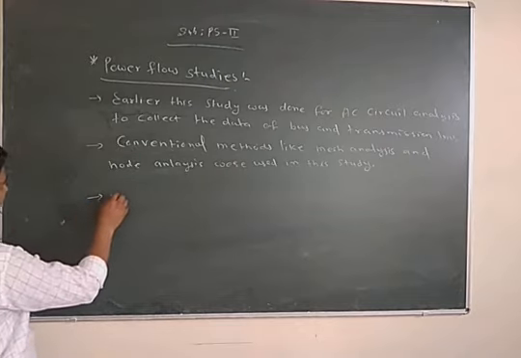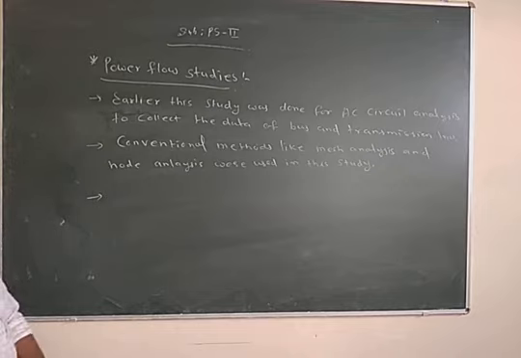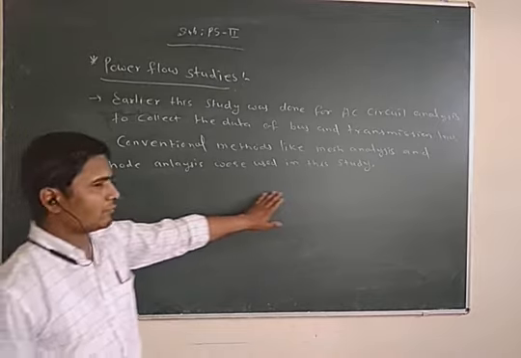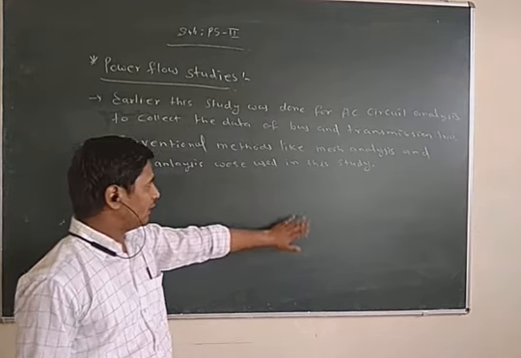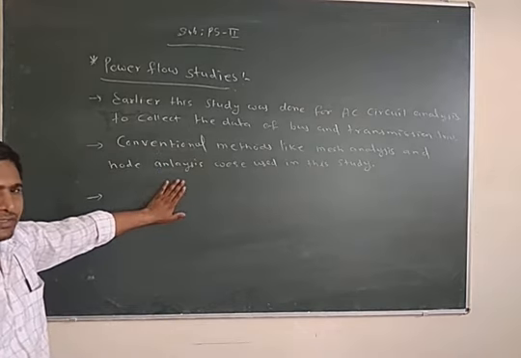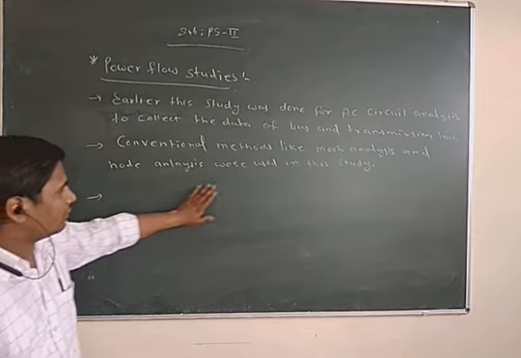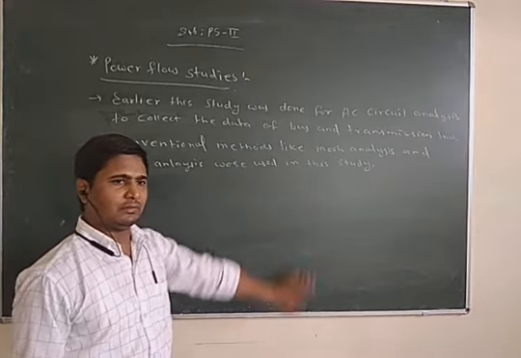Basically, mesh analysis is used where the number of meshes or closed paths is greater than the number of nodes in the system, and node analysis is done where the number of nodes is less than the number of meshes or closed paths.